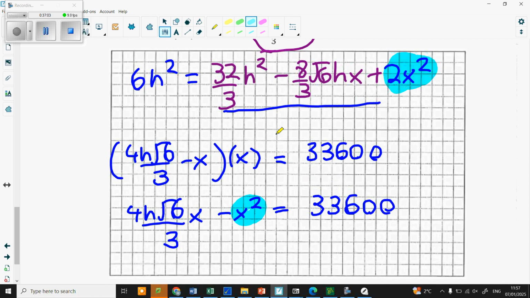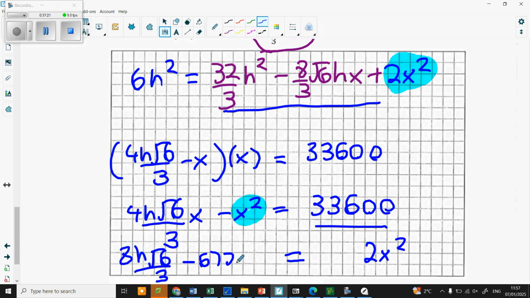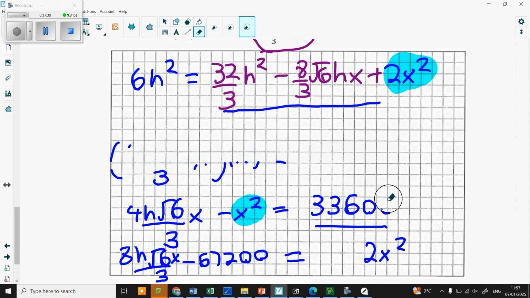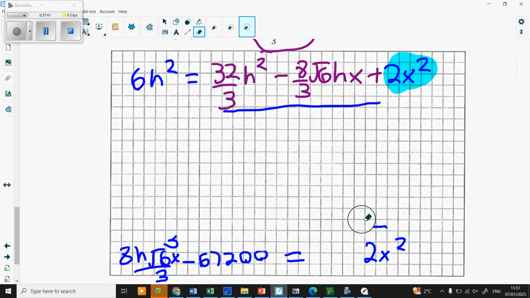Now, see that 2x squared? What am I going to replace it with? Yeah, I am. And what's going to cancel? Do 32 over 3 take away 6.